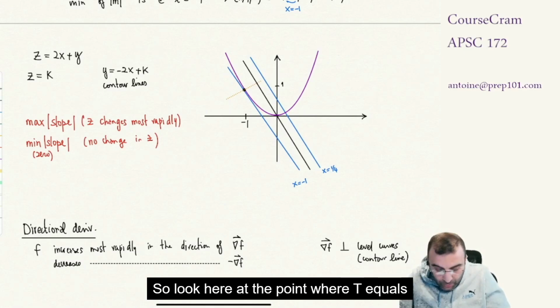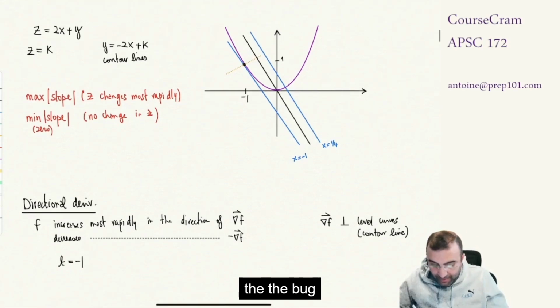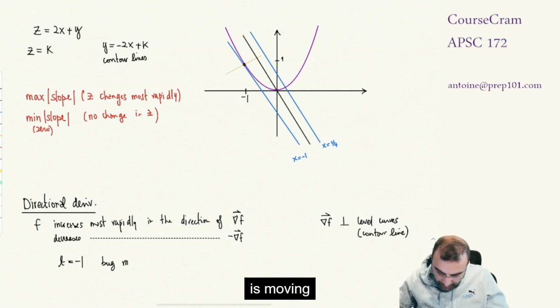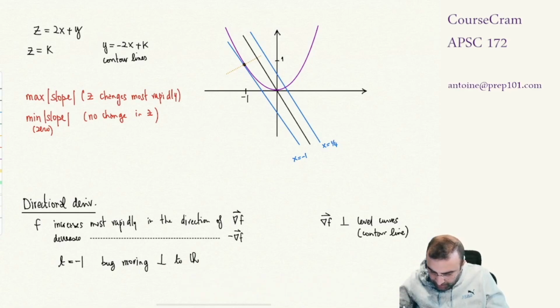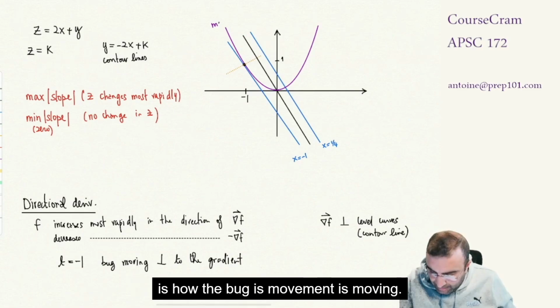So look here. At the point where t equals -1, the bug is moving perpendicular to the gradient, because this is the movement, right? This is how the bug is moving.